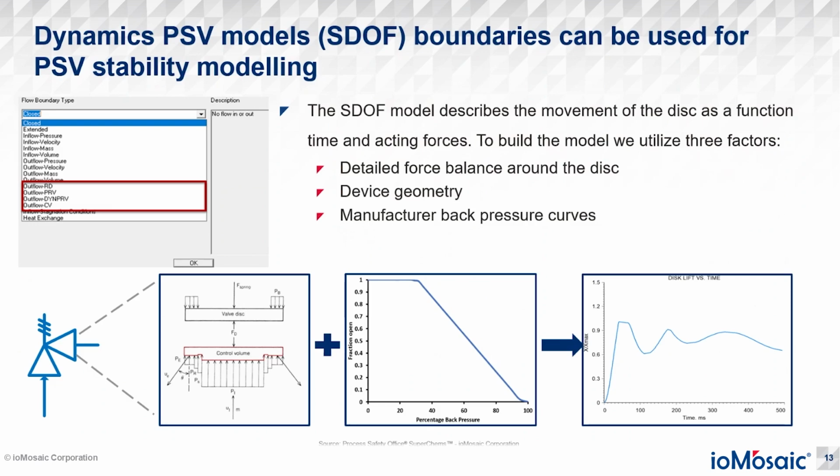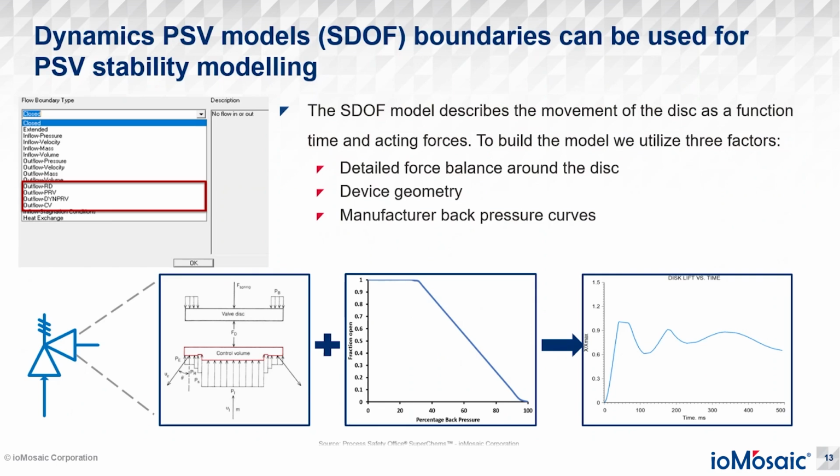So how do we actually build the SDF models? I've got a little graphic down at the bottom to make it more simplified. George has published a really great 5-part series on PSV stability analysis. In part 1, he goes into great detail about how we can construct single degree of freedom models, or SDF models, but I just wanted to summarize it for you all today.